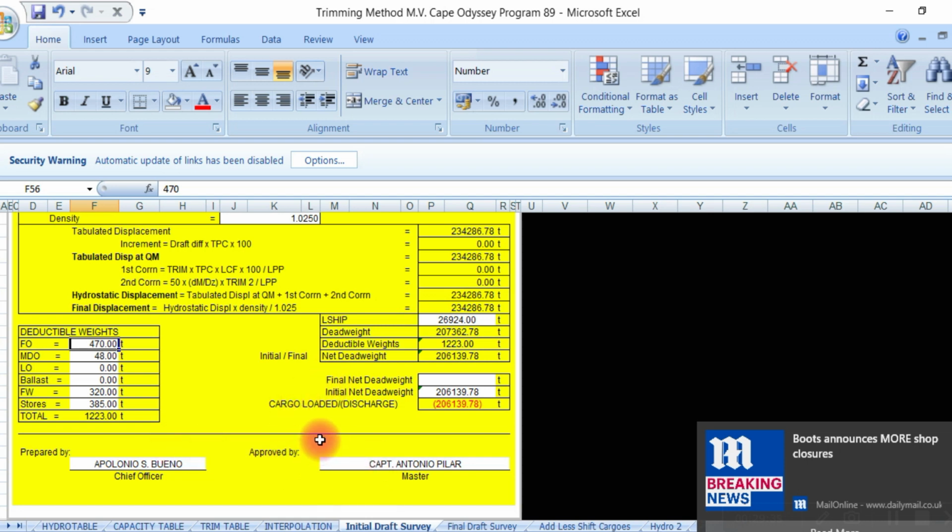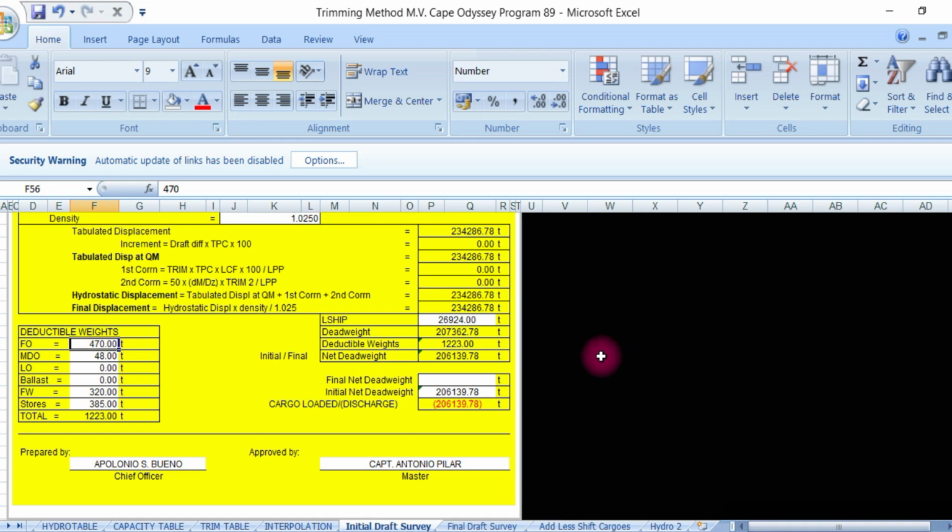So that's it. I hope you got the point of what I'm aiming at. Either you could use the ballast upon arrival to get an even trim, or use the cargo to have a trim of 0.20, and still maintain the cargo and have an even keel.